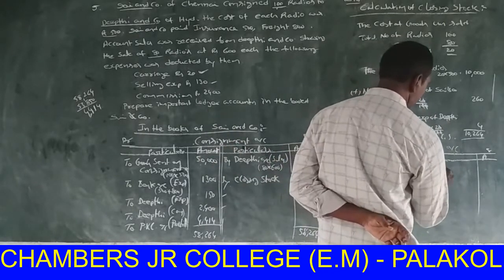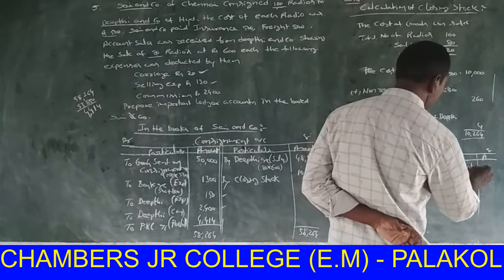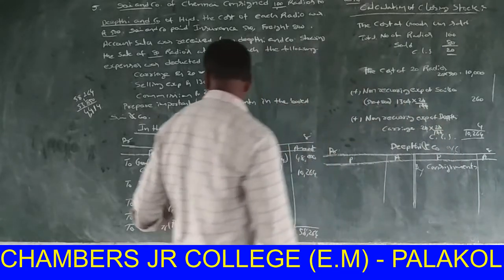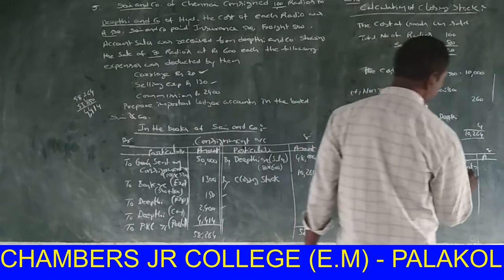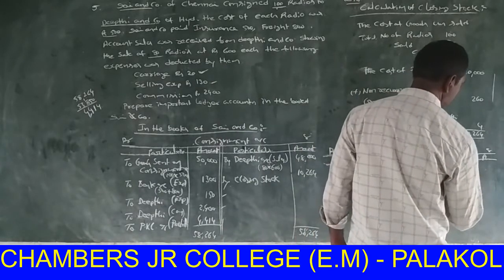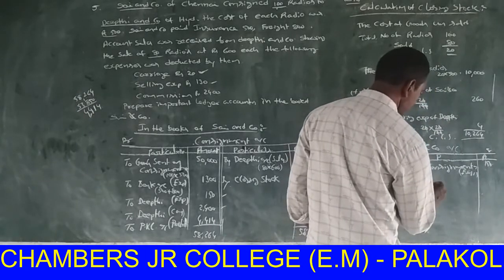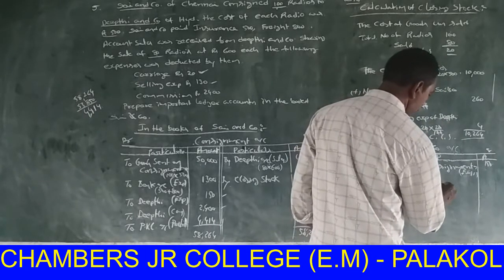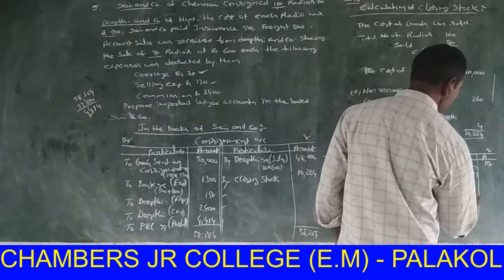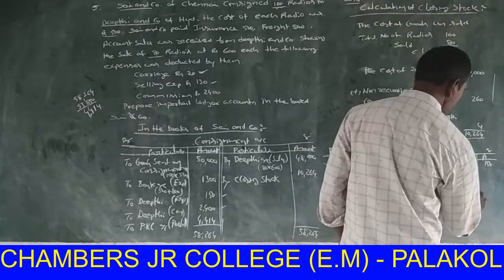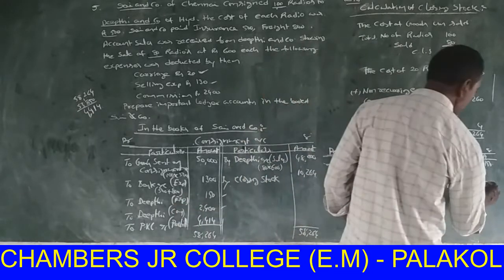By consignment account, that is Deepti expenses 150, and by consignment account, that is commission rupees 2,400.